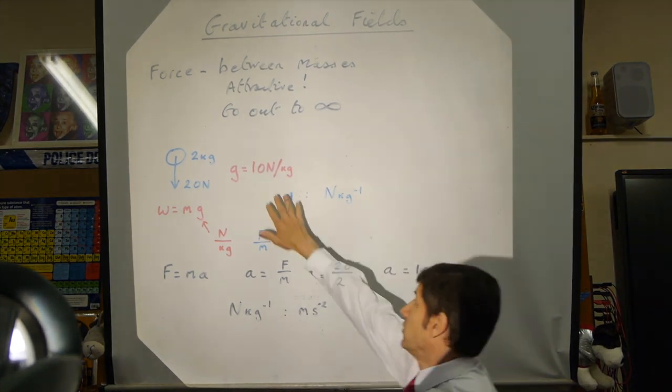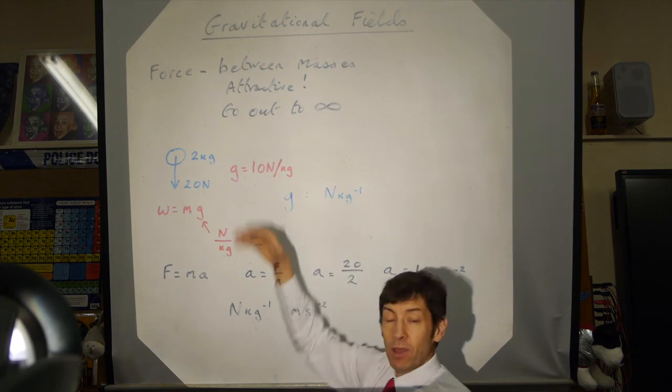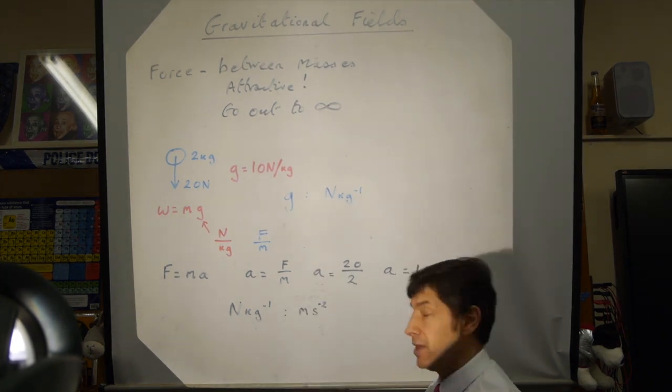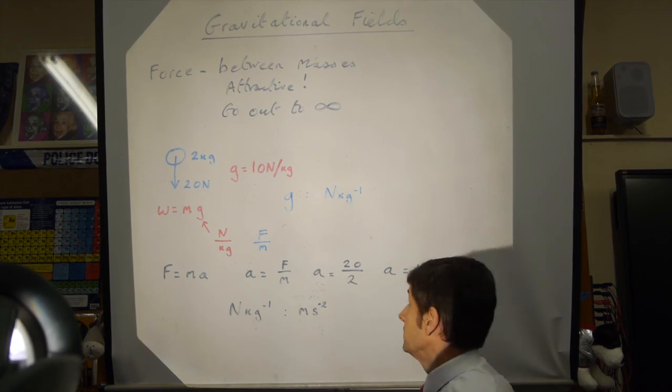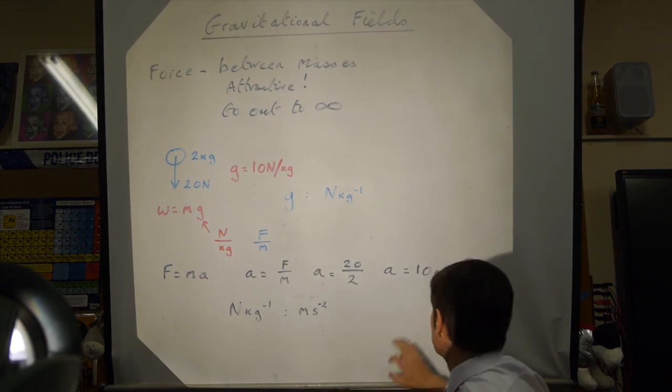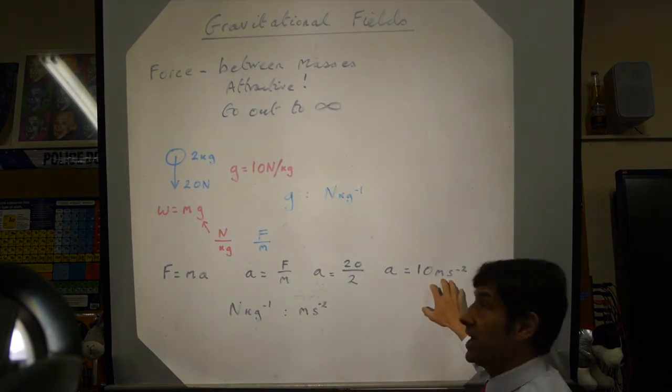So if the gravitational field strength in my lab at the moment is 10 newtons per kilogram, if I drop any object, forgetting about air resistance, it will accelerate at 10 meters per second per second.